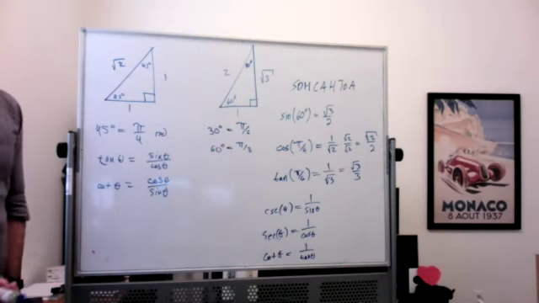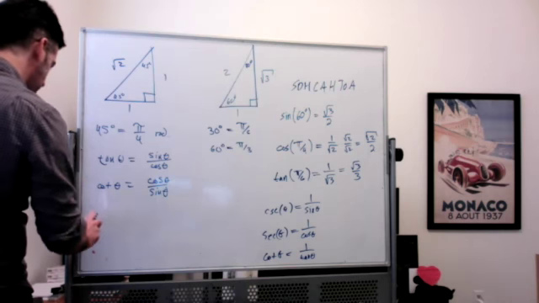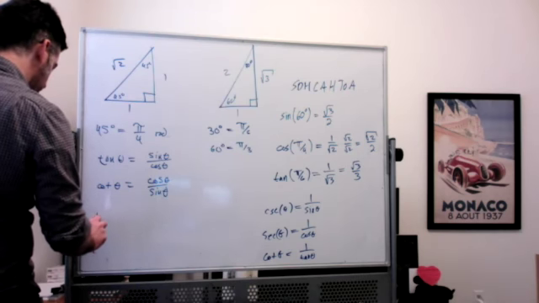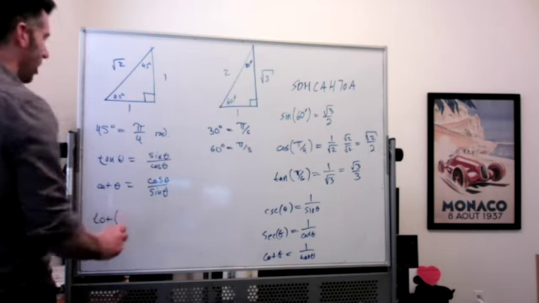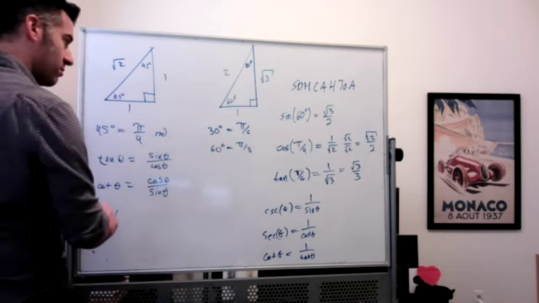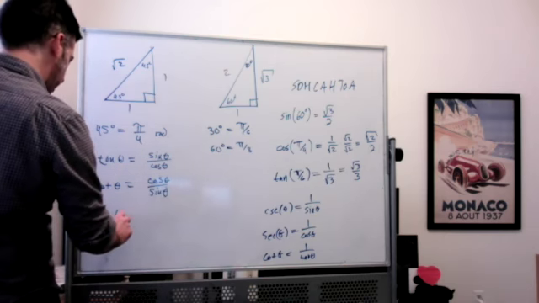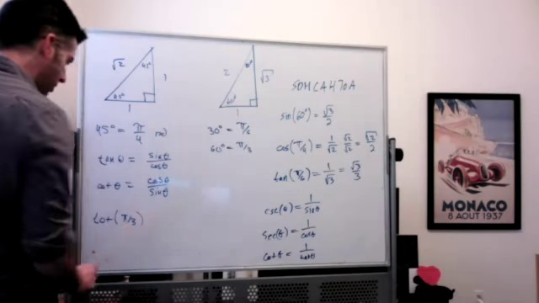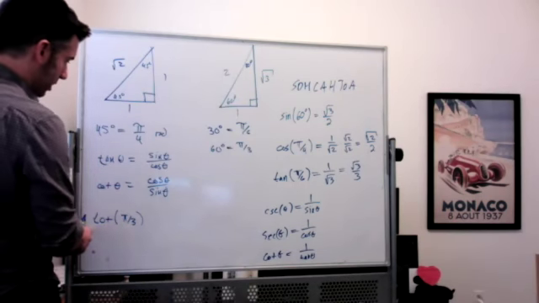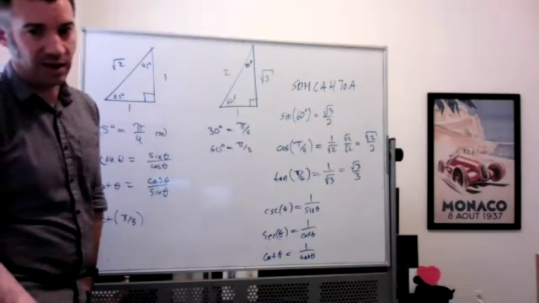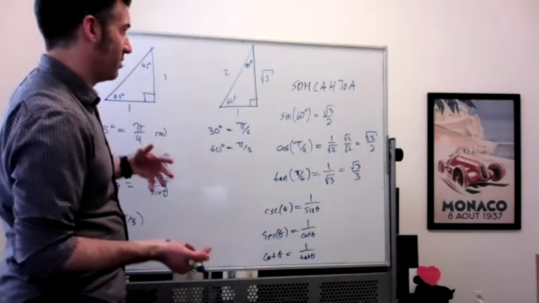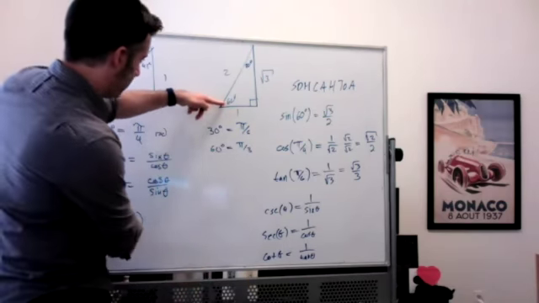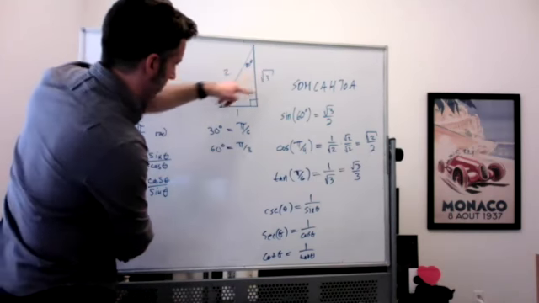So if I wanted to find, for example, cotangent of, let's do pi over 3 radians. Here's actually what I'm really doing. I'm thinking the tangent of pi over 3 radians is opposite over adjacent.